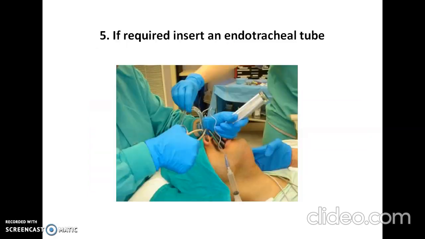Then, if required, you should go with inserting an endotracheal tube. This endotracheal tube is a flexible plastic tube that is placed through the mouth into the trachea, the windpipe, to help a patient breathe. The endotracheal tube is then connected to a ventilator if required, which delivers oxygen to the lungs. The process of inserting the tube is called endotracheal intubation.